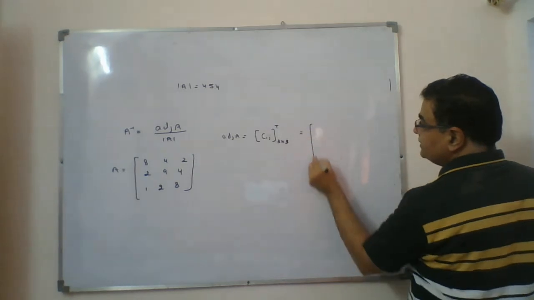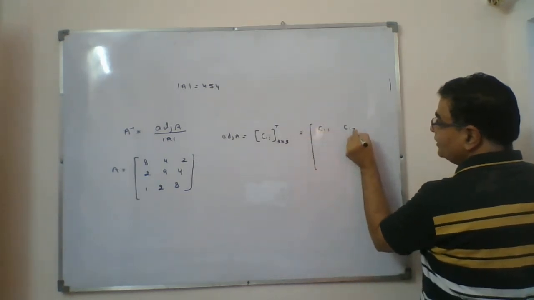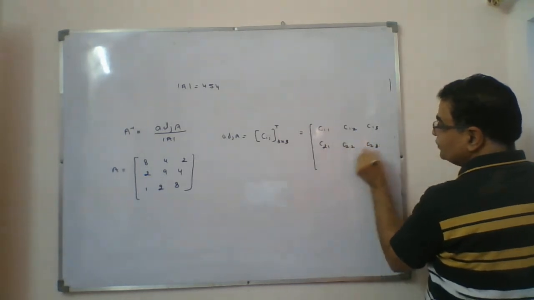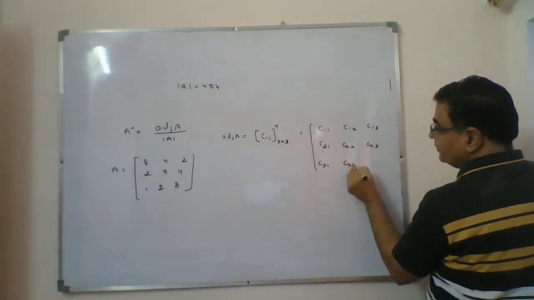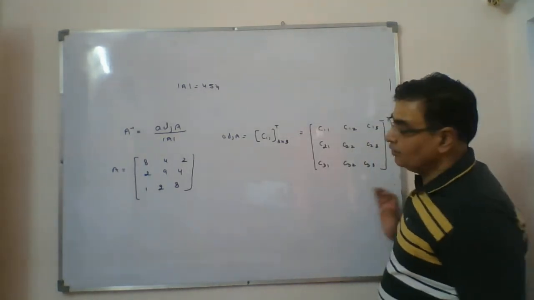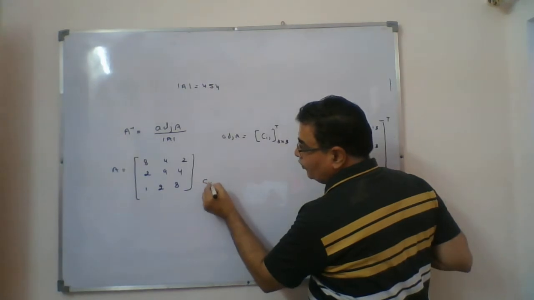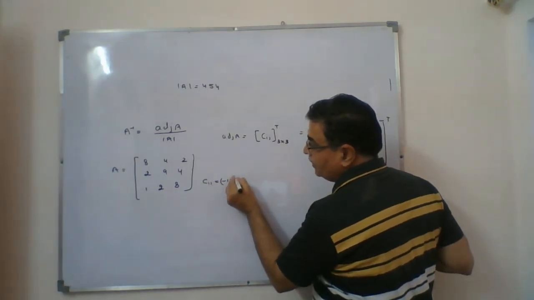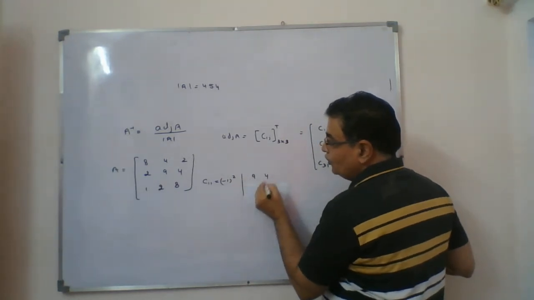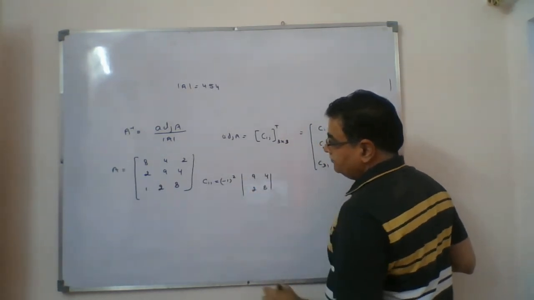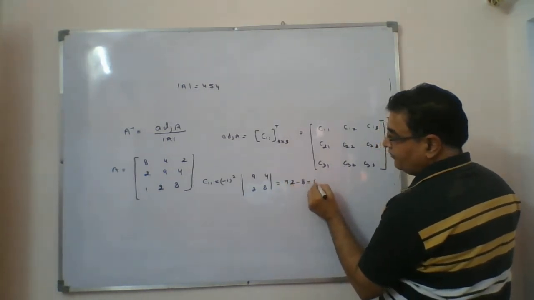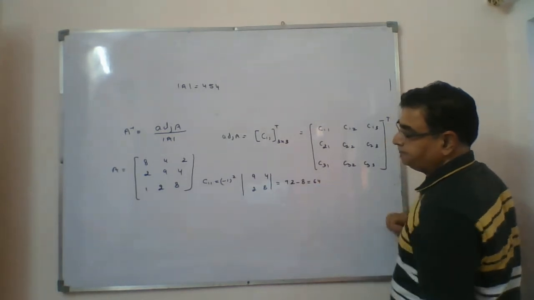That means we need C11, C12, C13, C21, C22, C23, C31, C32, C33, and then its transpose. So one by one we'll calculate, starting with C11. It comes out to be minus 1 whole squared. Leave this row and column, then it comes 9, 4, 2, 8. 9 times 8 is 72, minus 8, left is 64.